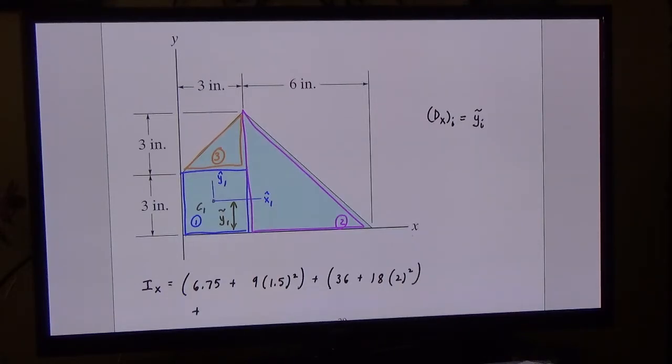And then for part number 3, I have I about x hat, which is 2.25, plus area of part number 3 was 4.5, and then y3 tilde we found as 4. Calculate this number, and I end up with the answer 209.25 inches to the 4th.